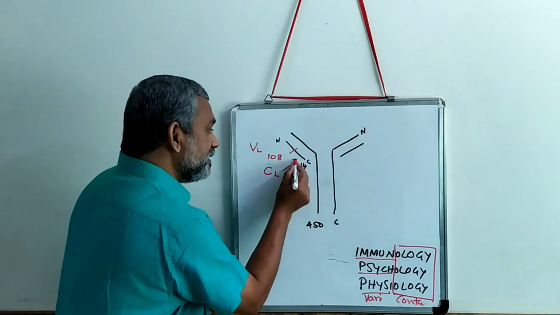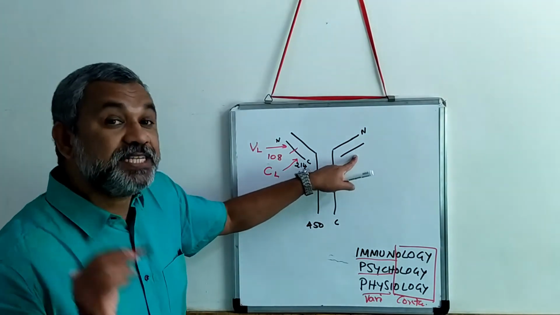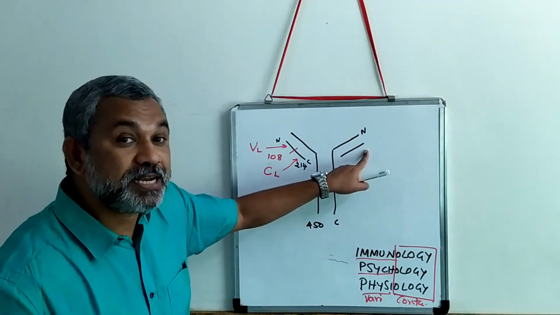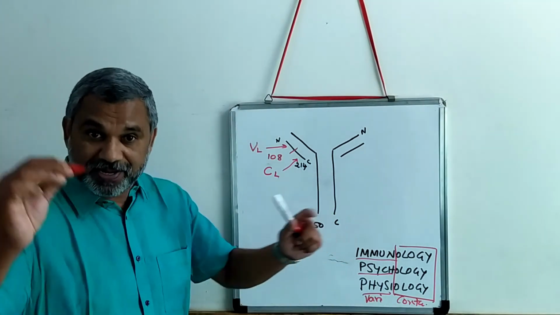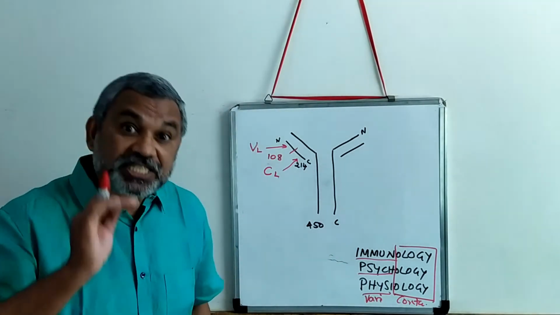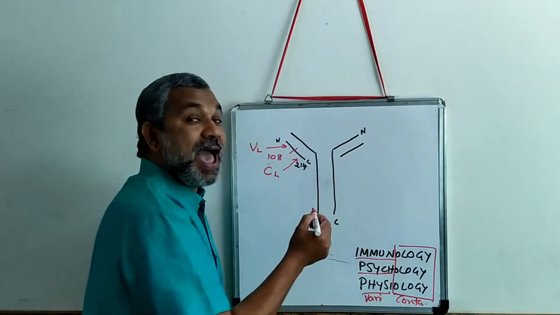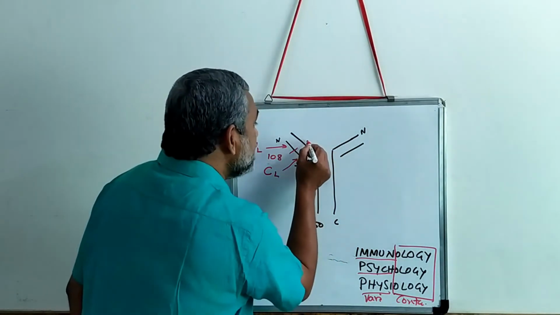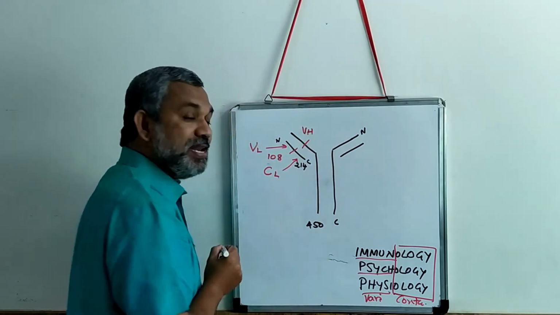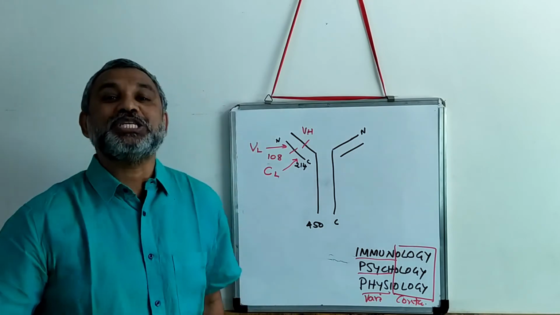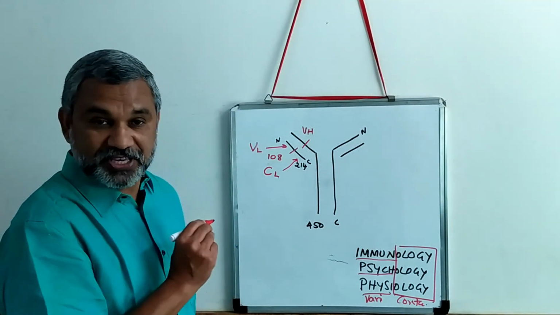It is this region and this is the VL region. Similarly, this light chain also has a constant region and a variable region. The heavy chain also has a constant region and a variable region. This is the variable region of the heavy chain and the remaining is the constant region of the heavy chain.